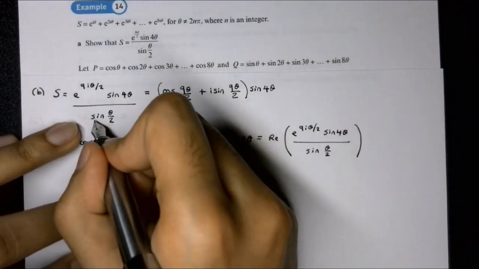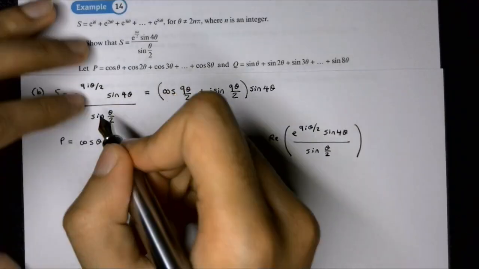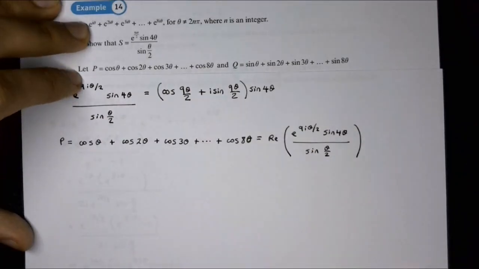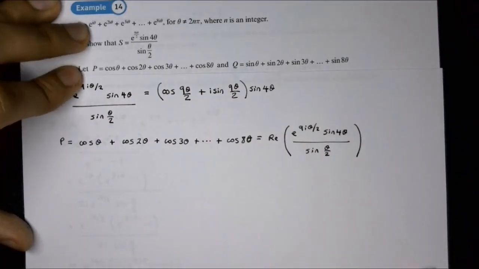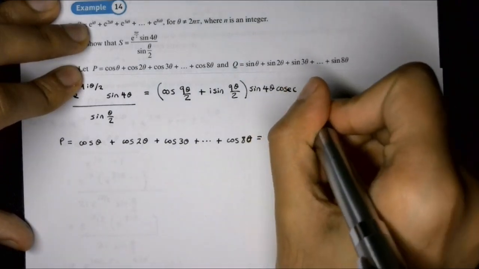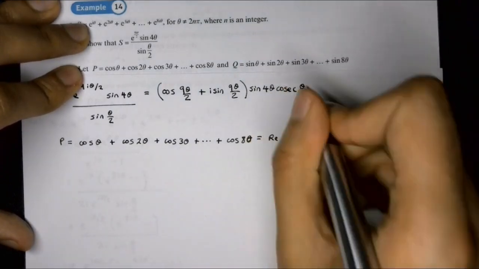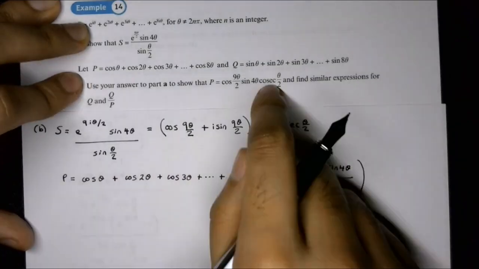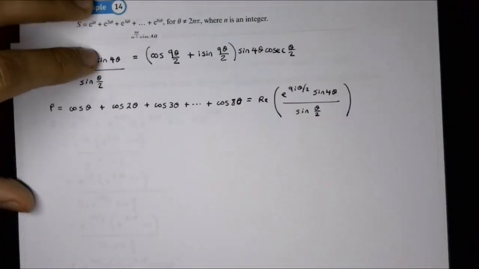Now of course, 1 over sine of theta over 2, you'd find to be cosec of theta over 2. Now, the reason I use the cosec is because in the show that we have to use the cosec.